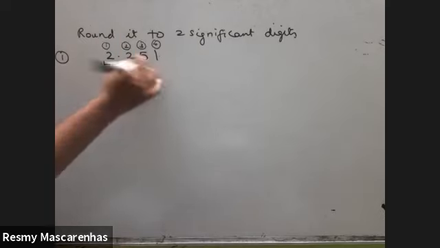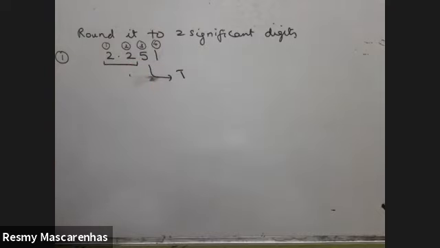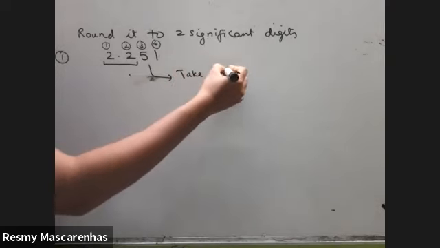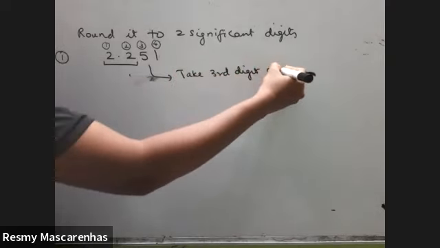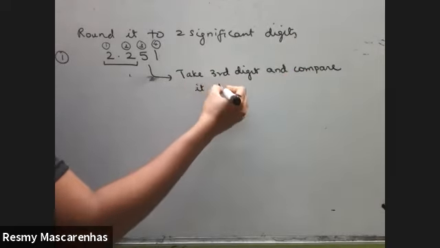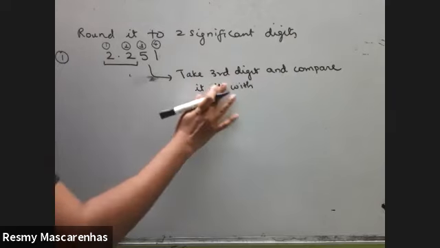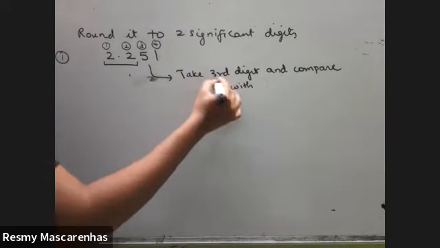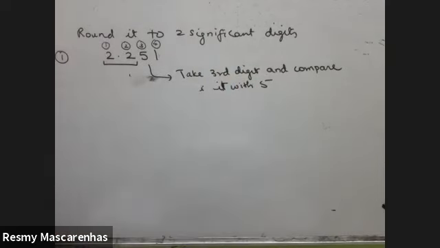The first step is to take the third digit and compare it with 5. Now what is happening? It is equal to 5, neither less than nor greater than.